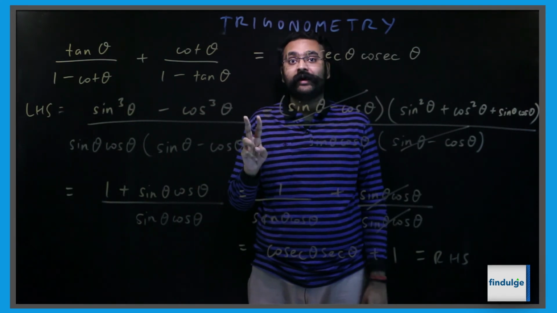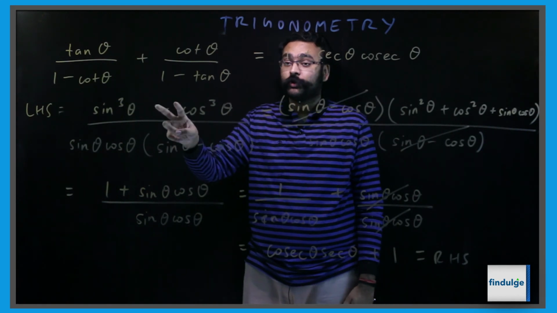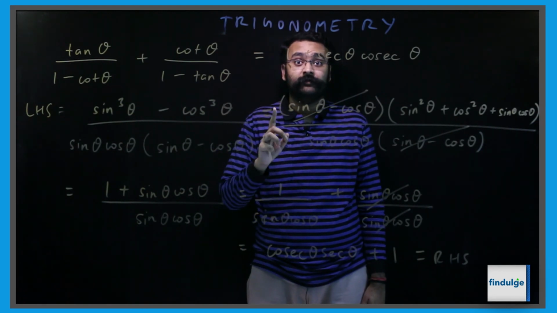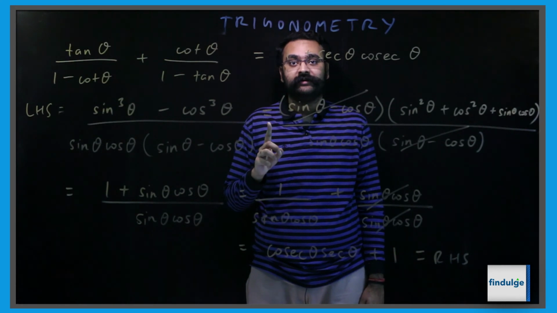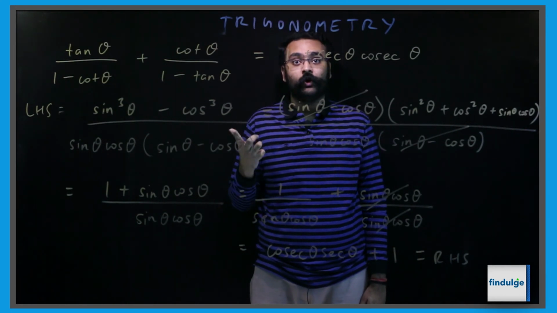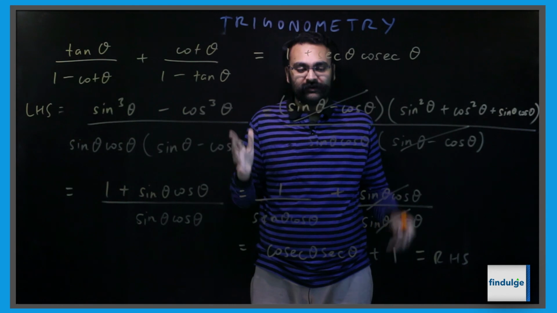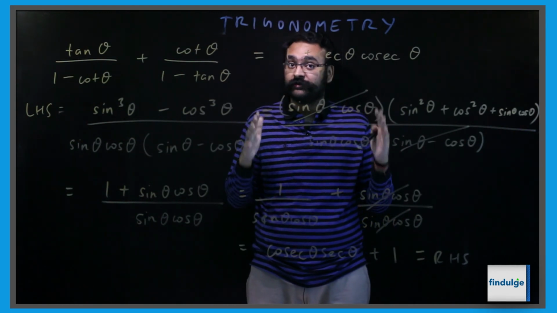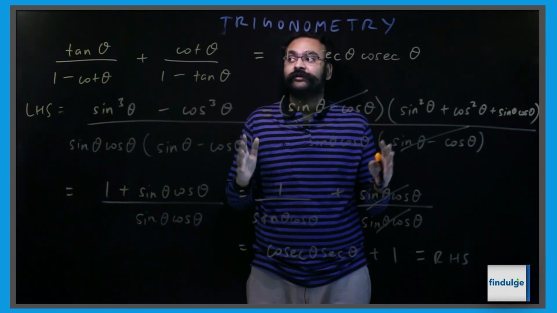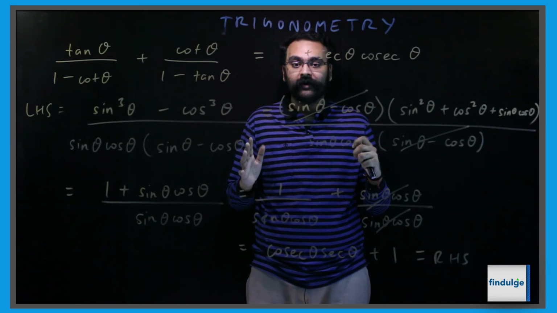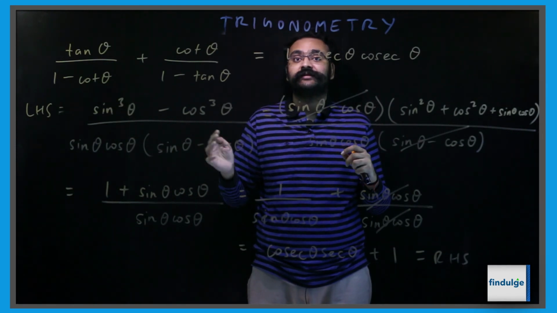The second reason why this question is so important, it shows us that we must be very comfortable with our algebraic identities. If we're not, it can cause problems. So this is a very large question. It is a typical 4-mark question. So make sure you're comfortable with it and keep these tricks in mind.